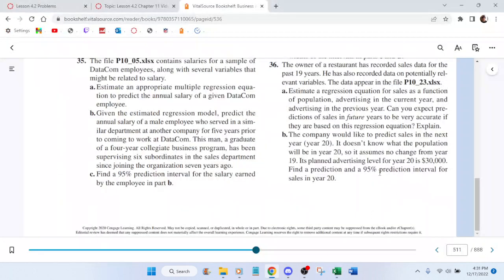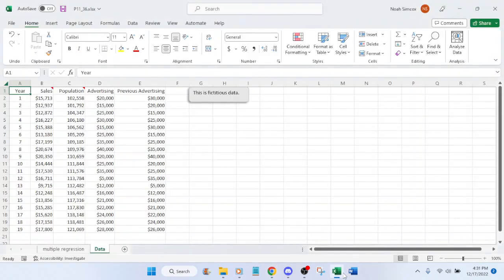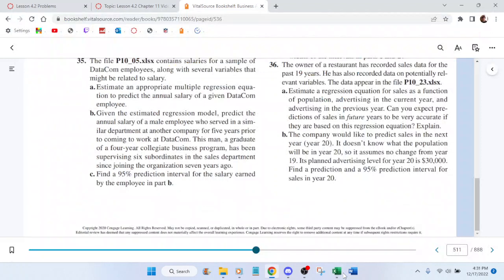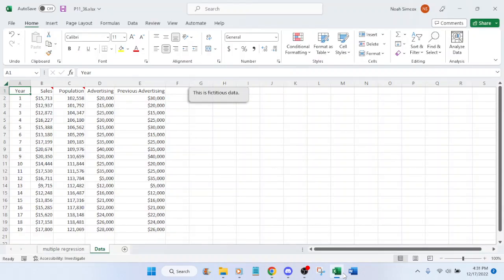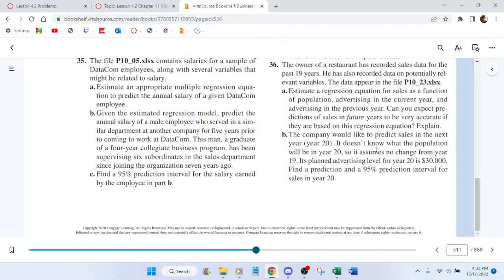We'll assume that the population is the same. Why don't you just increase the population? It seems to be increasing every year. Well, not quite every year. Maybe just take the trend of where the population would be based on previous population. But anyway, apparently we just assume no change from year 19.